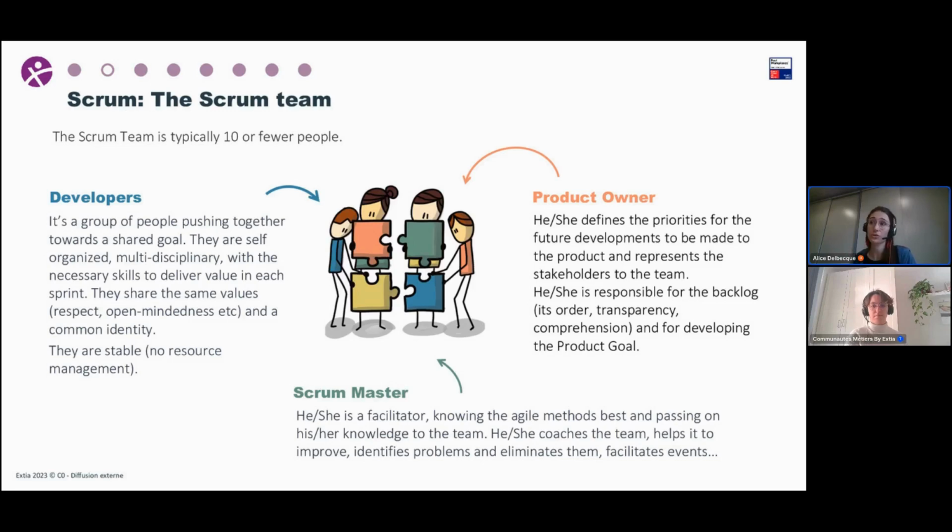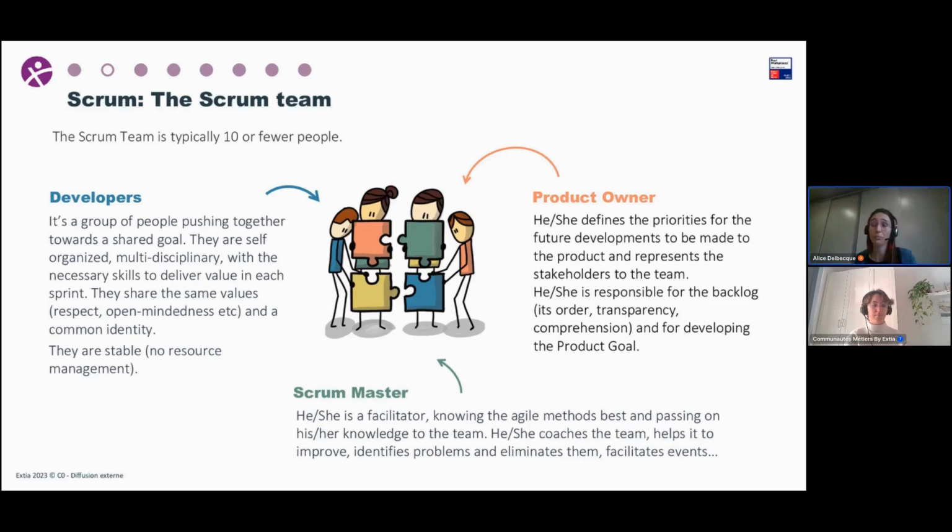It is the same for the Scrum Master. The Scrum Master is really not the manager of the team, he is at the same level as the product owner, at the same level as the developers. And the Scrum Master is the facilitator. He is the person who knows the Agile method really well and who is able to explain it to the others.